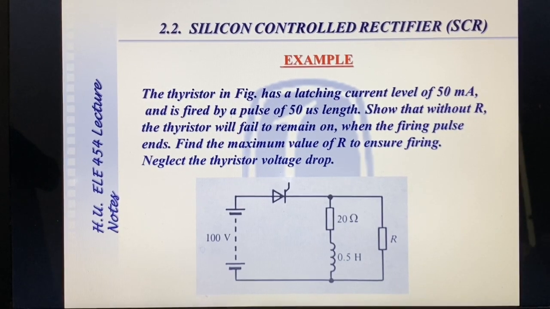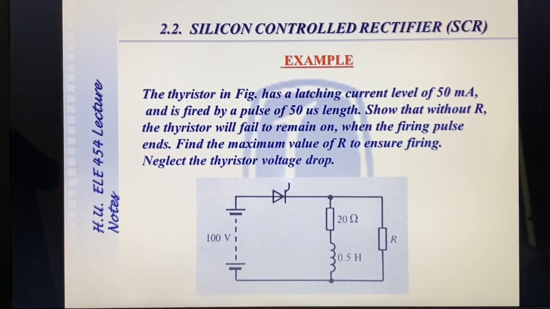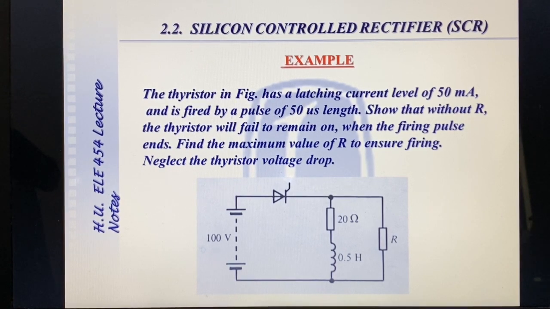Let us consider an example for the latching current phenomenon. The thyristor in this figure has a latching current level of 50 milliamps and it is fired by a pulse of 50 microsecond length. You will see that this length of single pulse will not be sufficient to ensure triggering of the thyristor into conduction.